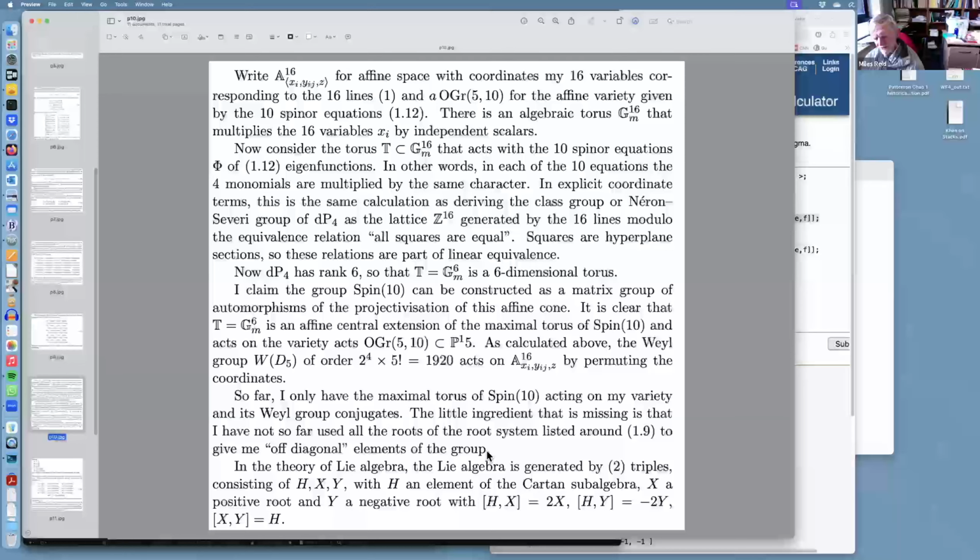And you can think of the Lie algebra as being entirely specified, if it's rank R, rank 5 in my case, by 5 H's, 5 diagonal matrices, 5 upper triangular matrices, 5 lower triangular matrices, satisfying these relations. Right, and that's all the relations. This is called the Serre relations for a simple Lie algebra.